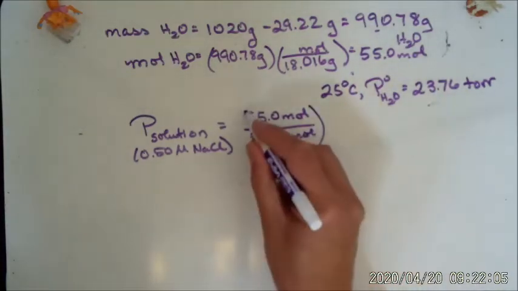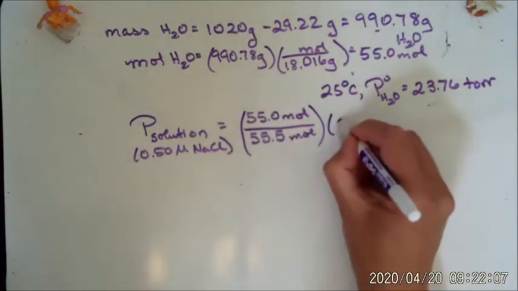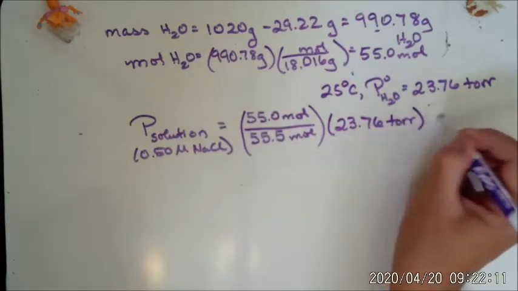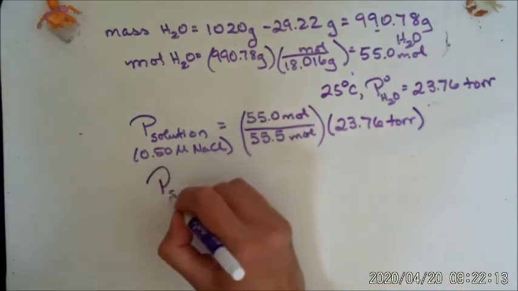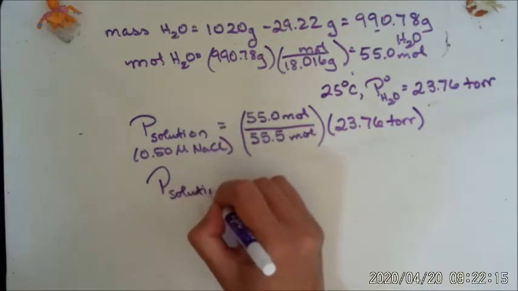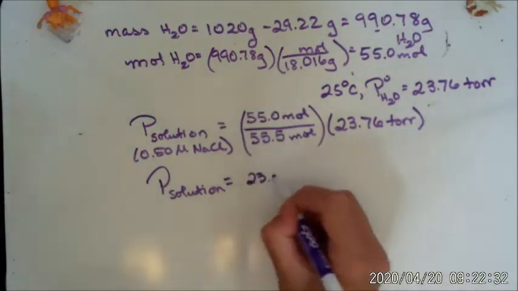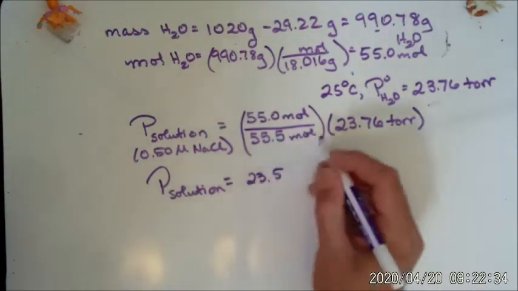And so that's my mole fraction times 23.76 torr. So the vapor pressure of my solution is going to be equal to 55 divided by 55.5. So that's 0.99 times 23.76. That's 23.5 torr.